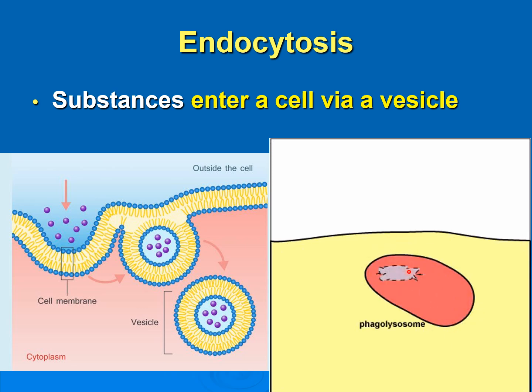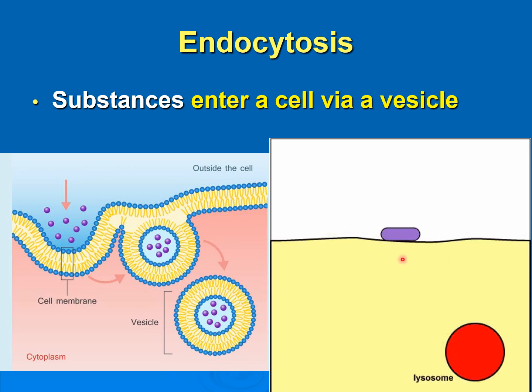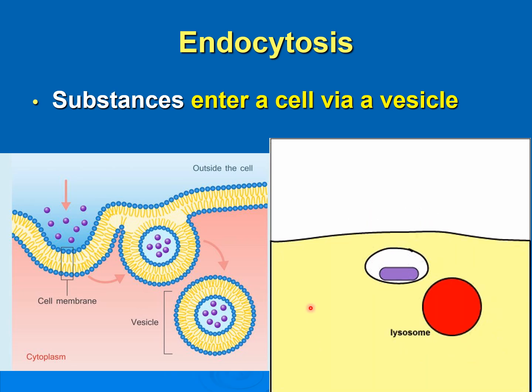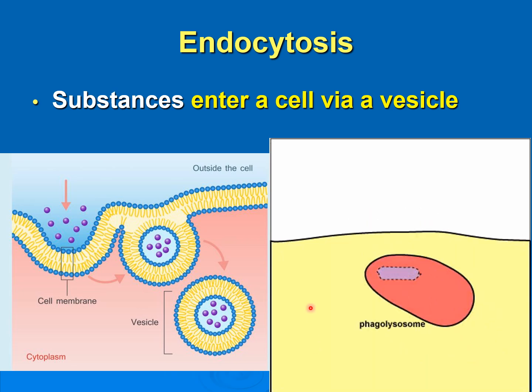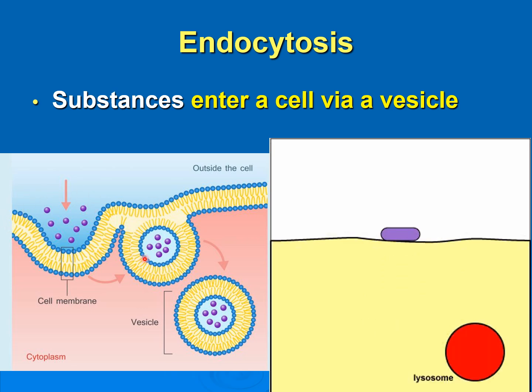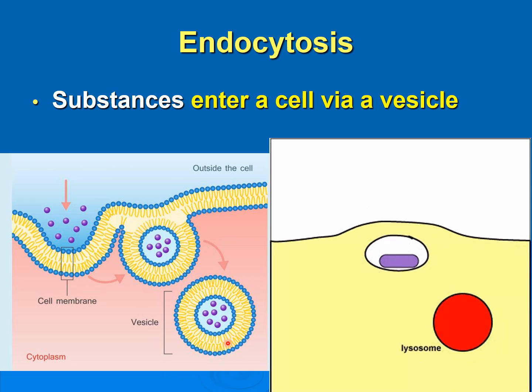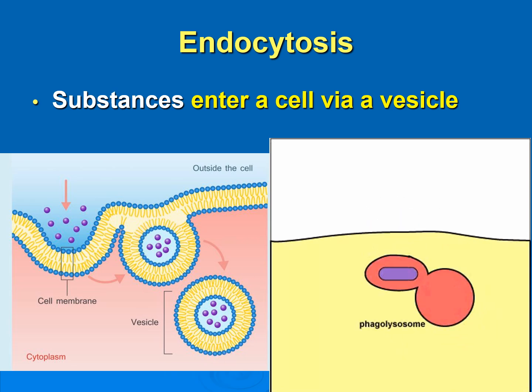Then here it's showing the vesicle fusing with a lysosome filled with digestive enzymes, which digests what was taken inside. So in endocytosis, we're bringing things into the cell by reaching out and surrounding it with plasma membrane, pinching off part of the plasma membrane, and bringing that into the cell. So that's endocytosis.